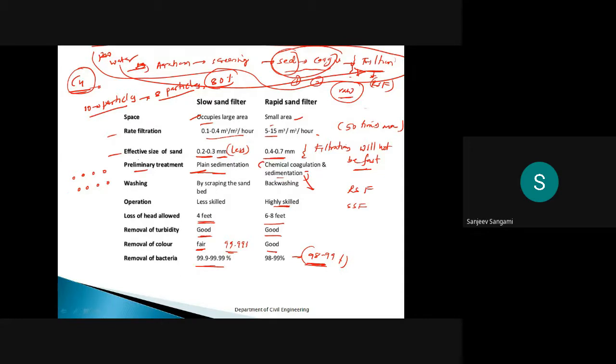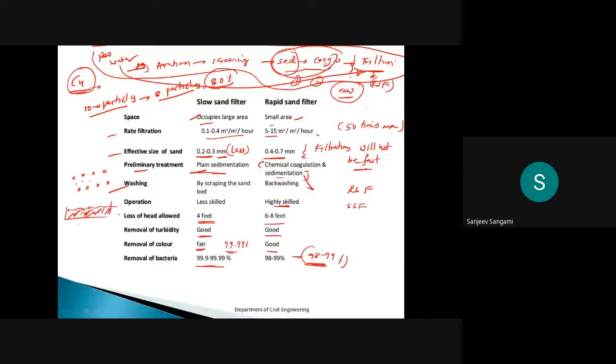Then washing. For example, assume that this is a filter bed, and if your filter is completely blocked, how exactly can the filter be cleaned?